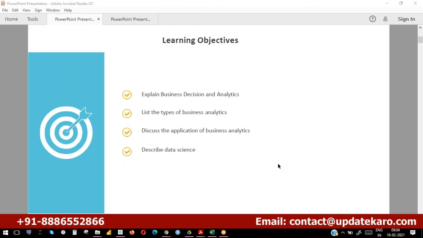Explain business decisions and analytics. List the types of business analytics. Discuss application of business analytics. Describe data science. So all these are the topics for the introduction of analytics.